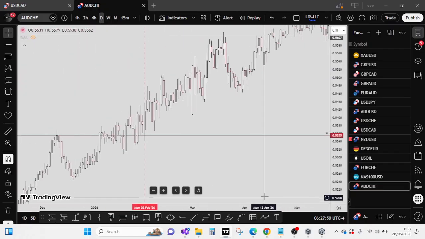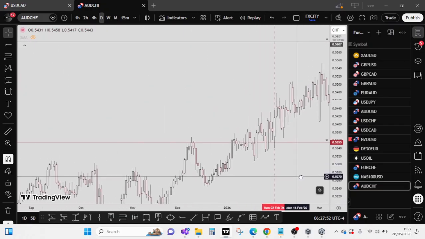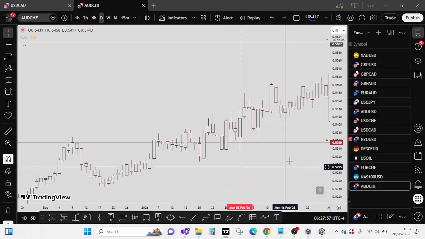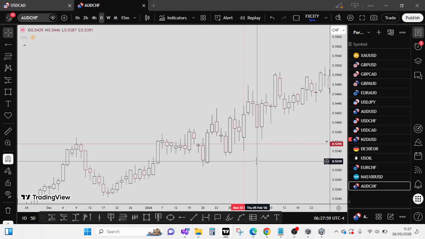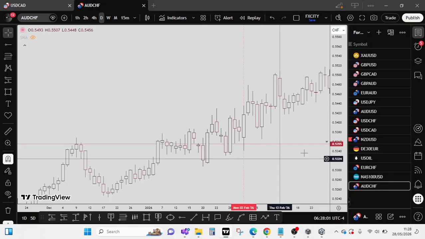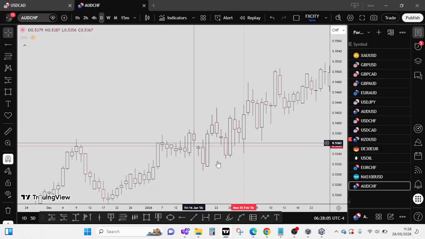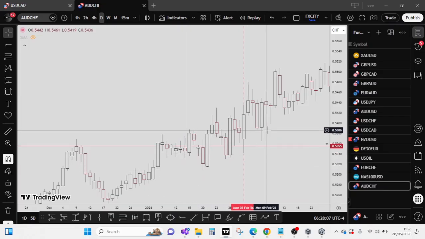We check the daily to see whether we are currently in a range. We ensure that we are not in a range. Why? Because if you are trading within the range, let's say you are buying and we have range high, range low. If you're looking to buy, ensure that you are taking a trade at the range low.